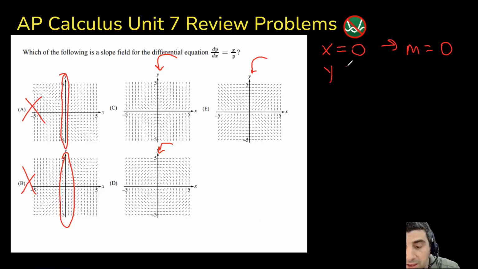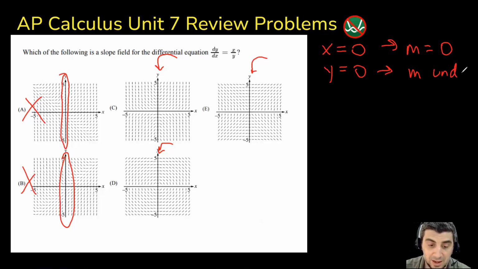Also, if y equals 0, that makes the denominator 0, which makes the slope undefined. So the slope's undefined along the line y equals 0, that's going to be along the horizontal axis. Now, that doesn't really help very much because none of those are showing that. So what else can we do?